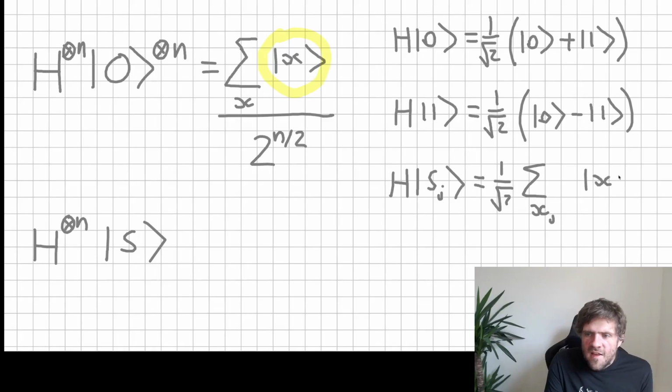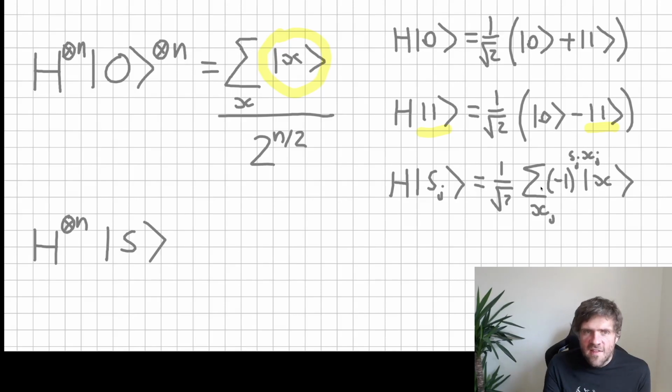And there's a possibility for there to be a phase out here of -1. And when does that phase crop up? Well, it only crops up in one case, which is when you are applying the Hadamard to a 1 and you are looking at the 1 part of the resulting superposition. So we can put up here s_j x_j. So it's only when s_j and x_j are both 1 that we get the phase of -1. Otherwise we get a phase of +1.